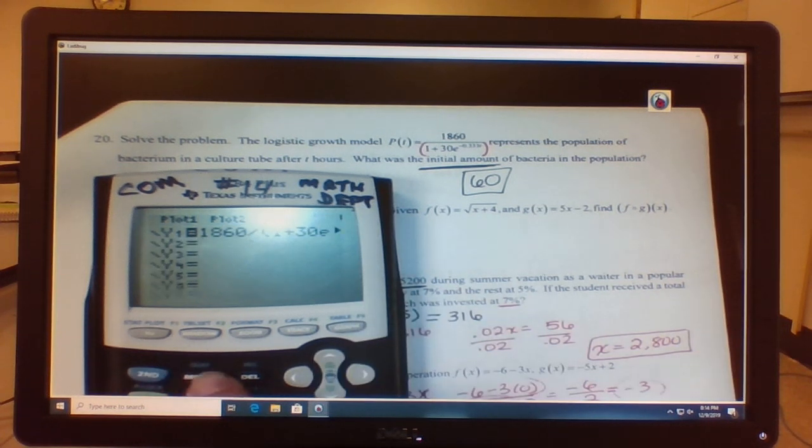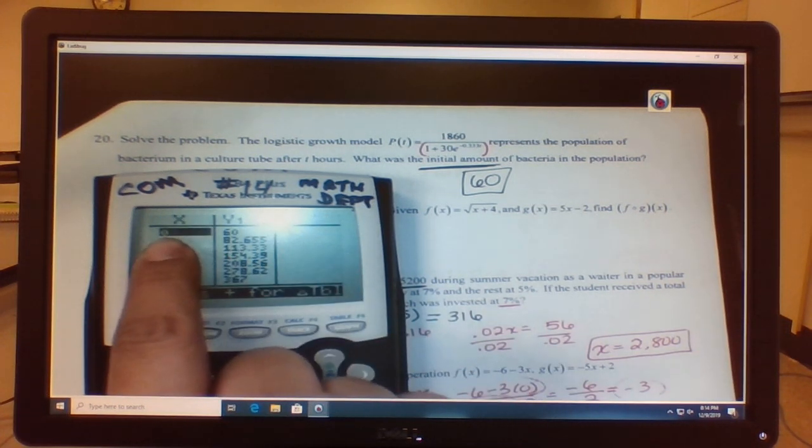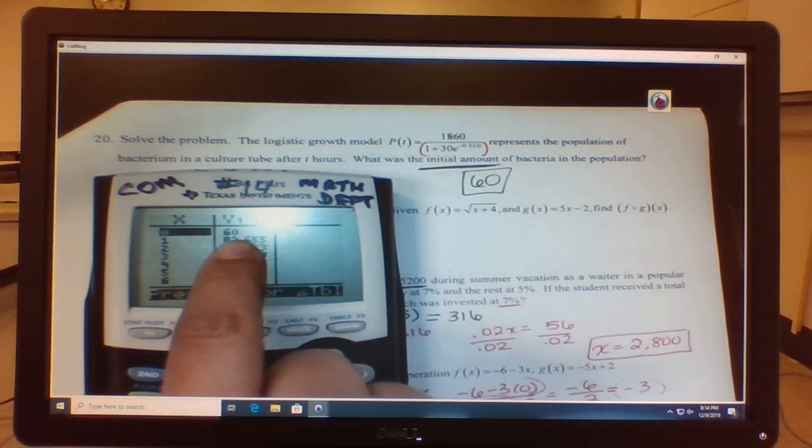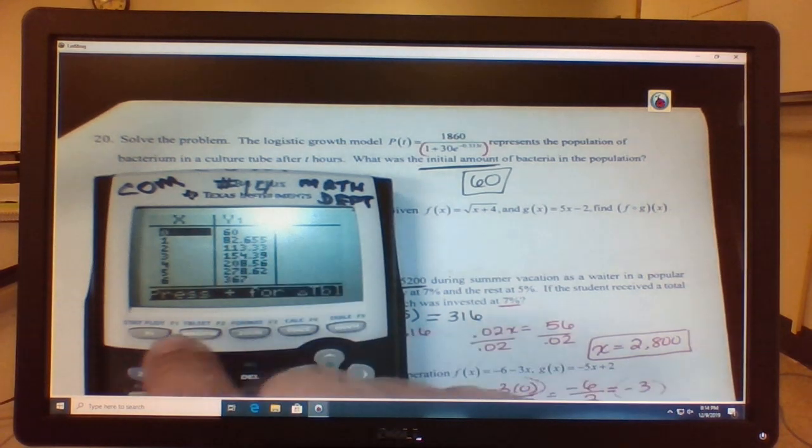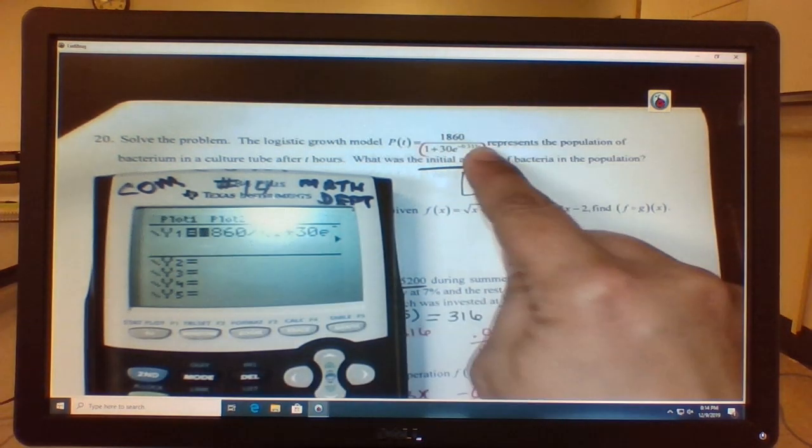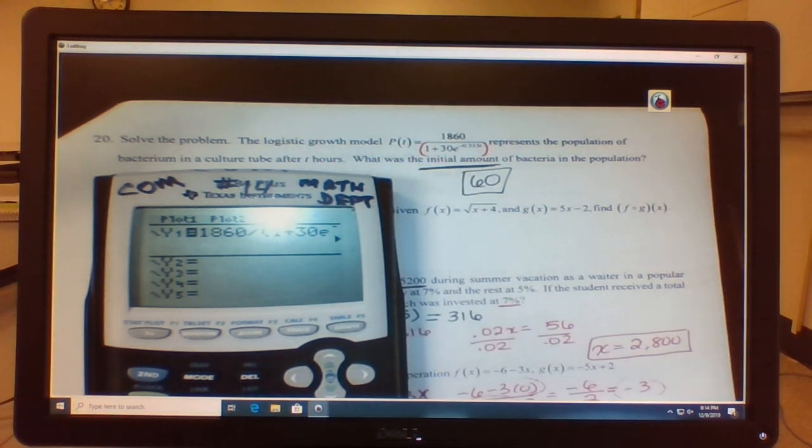Go to your table, and you see when it's 0, the answer is 60. There's two ways to do it. You plug it into the y equals, just the way you see it, or you substitute the x, the t, with the 0. So the answer is just 60.